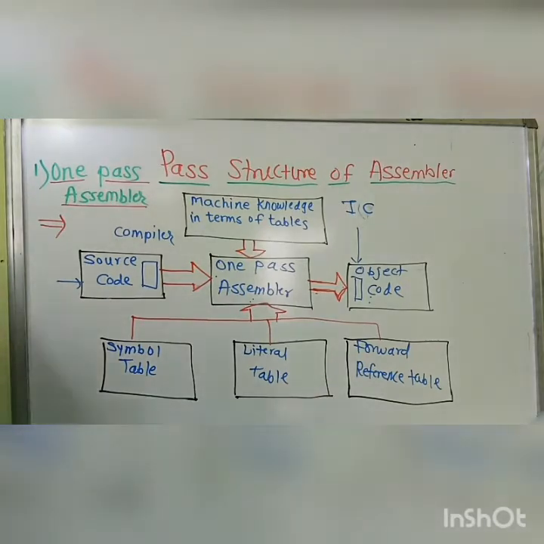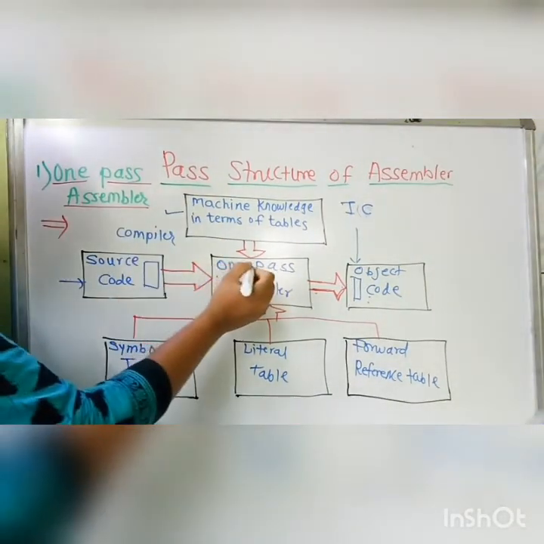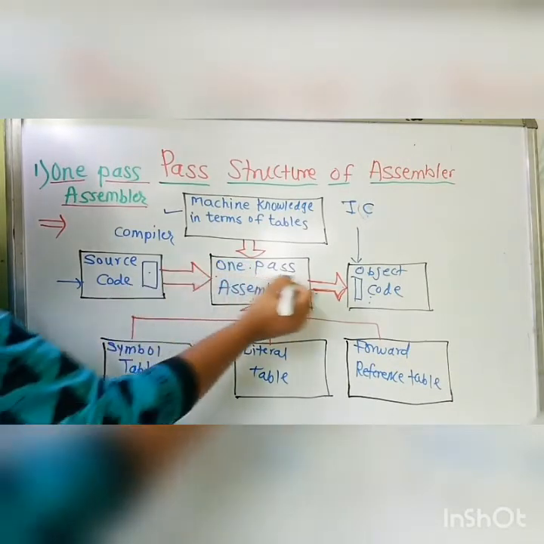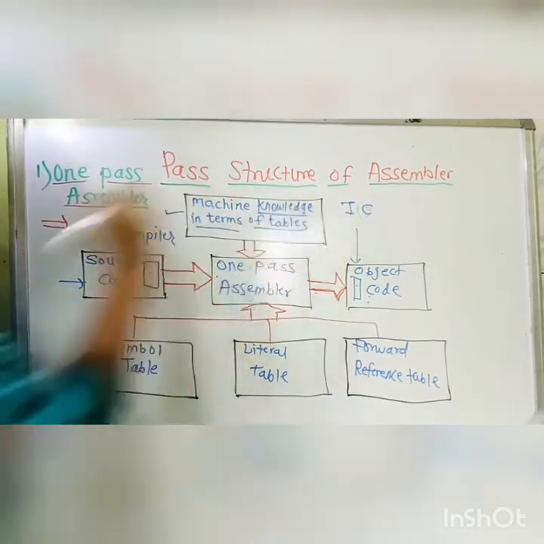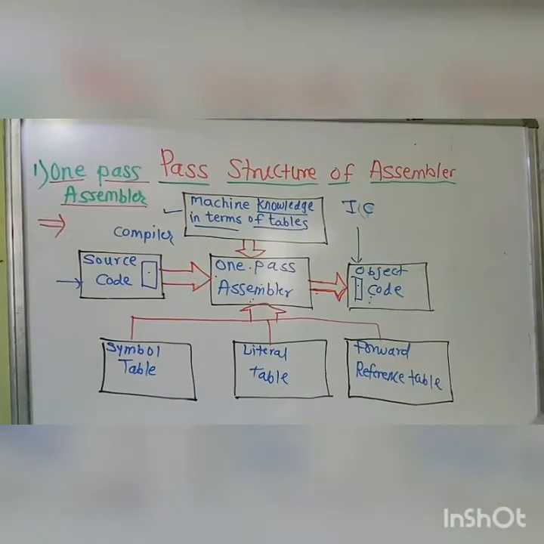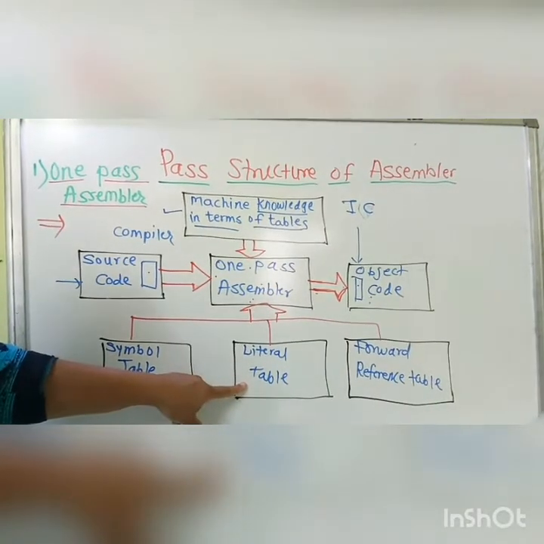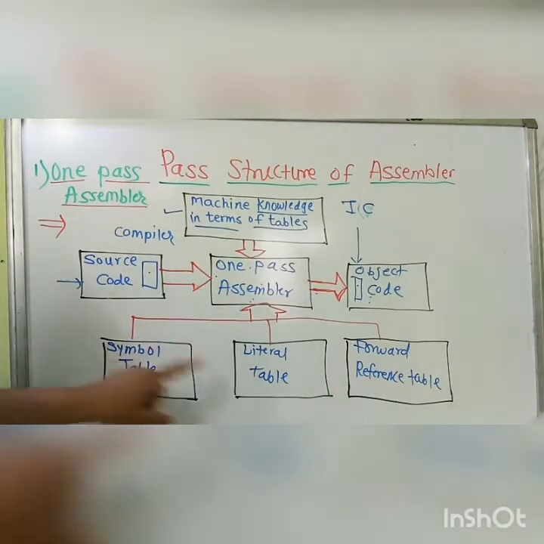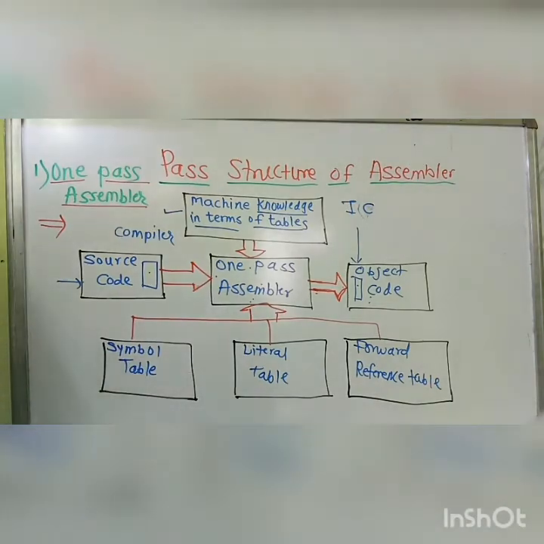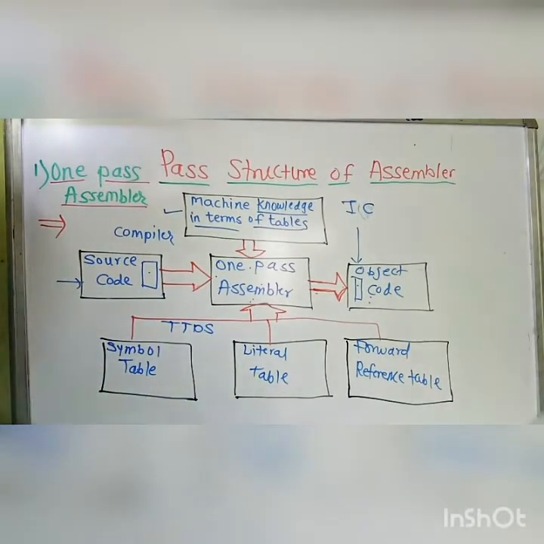To process the assembly language into its object code, the one pass assembler requires machine knowledge, some variables in detail, before converting it to the object code. It also requires data structures like symbol tables, literal tables, and forward reference tables to store the different symbols and literals during translation. These are the translation time data structures.